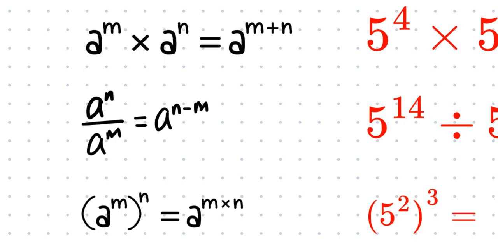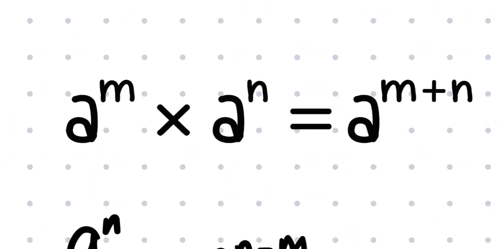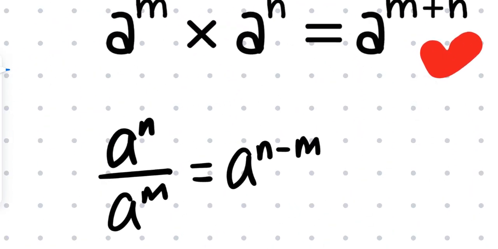So the first rule that we introduced is if we multiply two numbers that have the same base, then we just copy the base and we add the exponents. Another rule that we introduced was if we divide two numbers that have the same base, we copy the base and then we subtract the exponents.